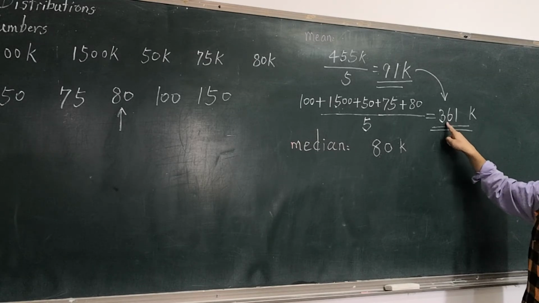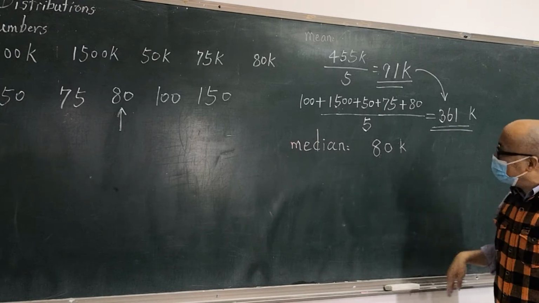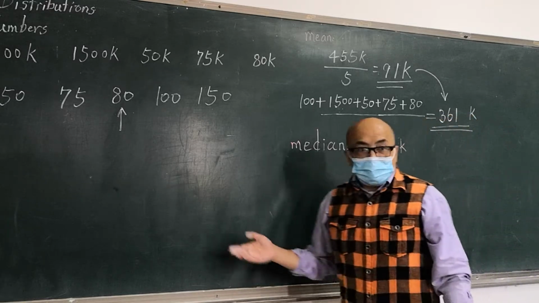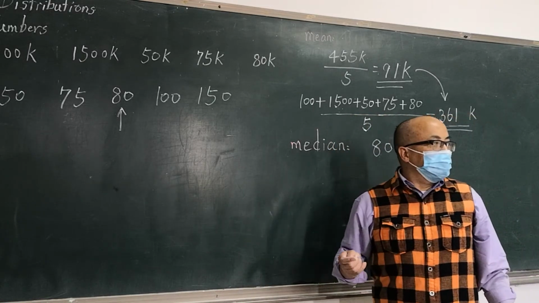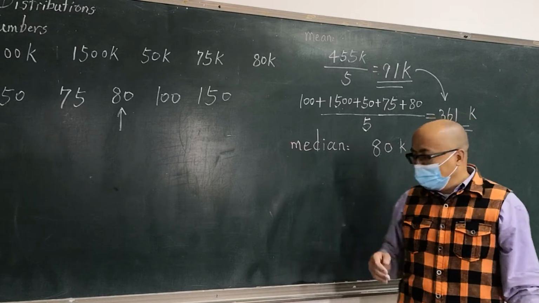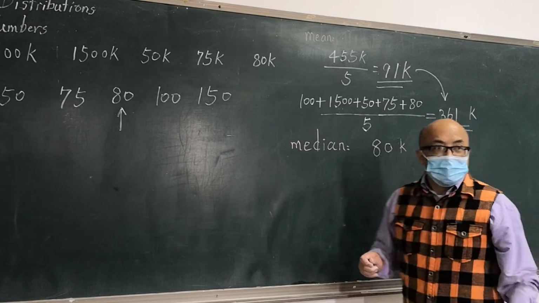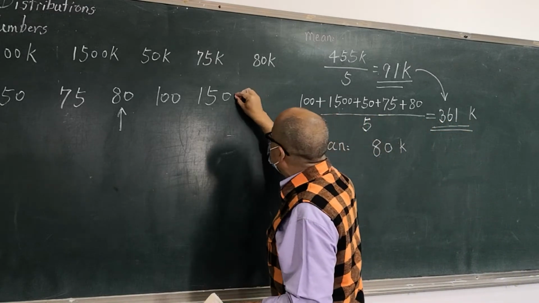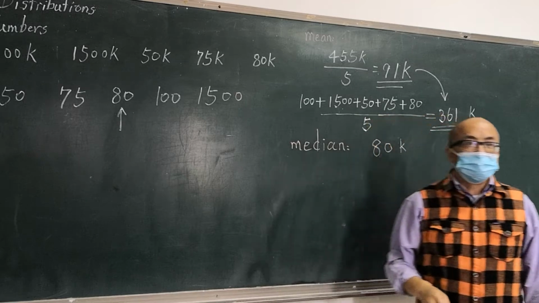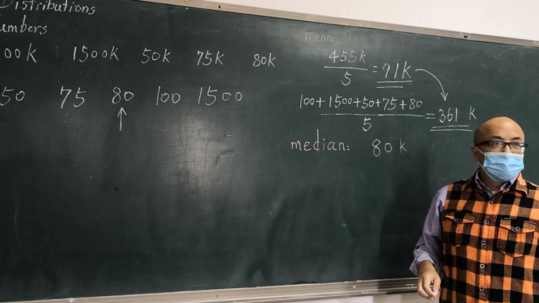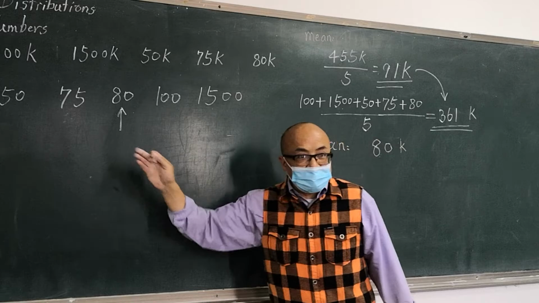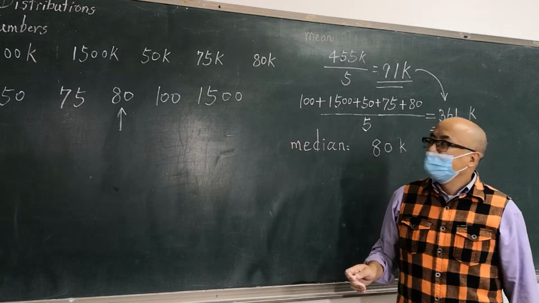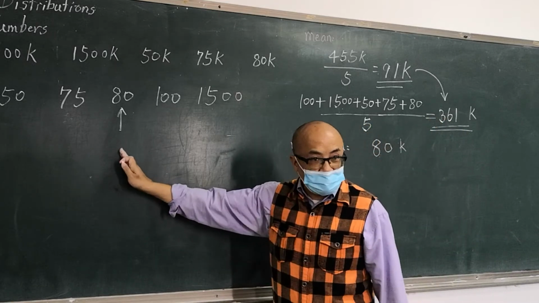For this 361, we leave it for a second. Now, Bill Gates moved in. He rebuilt his house, and this number becomes this. What's the median? No change.